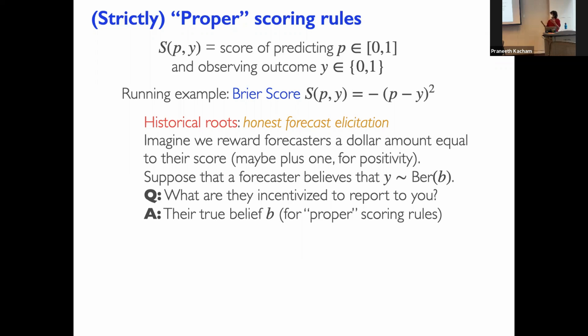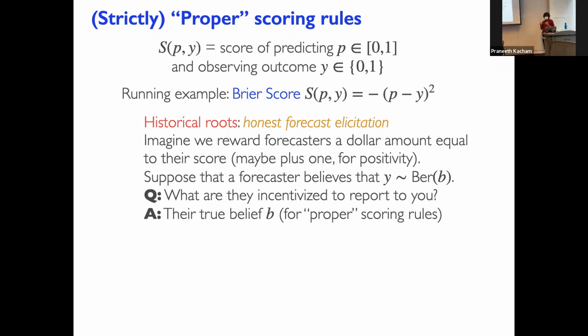Now imagine that there's a forecaster that in their head thinks, I think it's 60-40 for tomorrow's game, or for tomorrow's weather or whatever it is. That's what they think. You can ask, how do I incentivize the forecaster to tell me the truth?